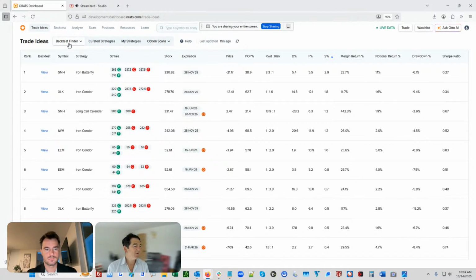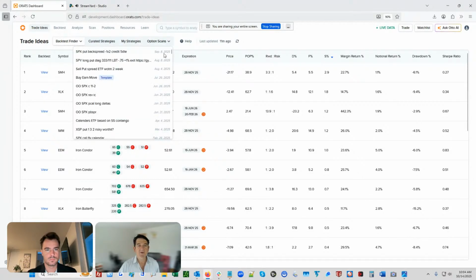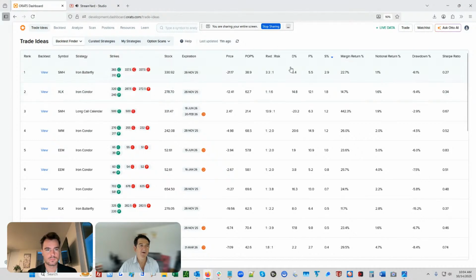That's the one that has 390 million trades in it, and we try to find the best ones from each popular ETF. And then we have curated strategies, ones that we've gone through at ORATS and picked out and done some optimization on. And then the strategies that you have saved that go into My Strategies. And then option scans themselves. These are a lot of my option scans that I have out there. So these are all ways to find trade ideas.